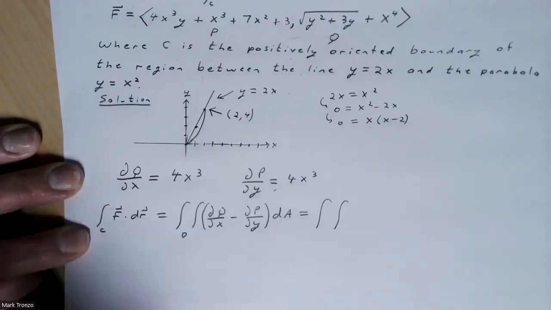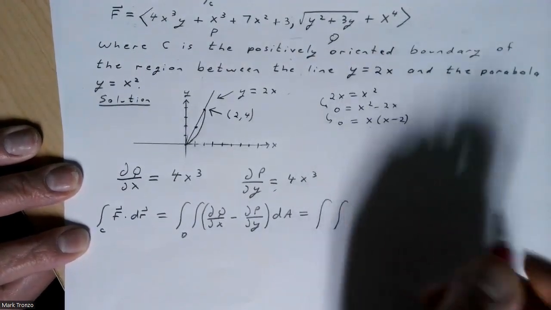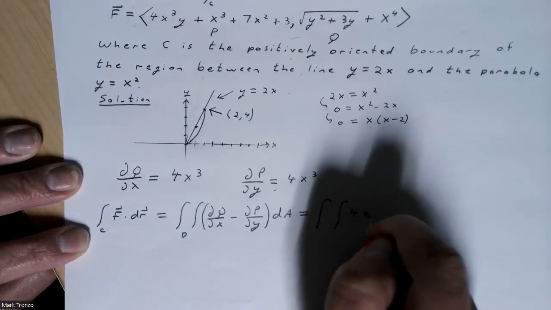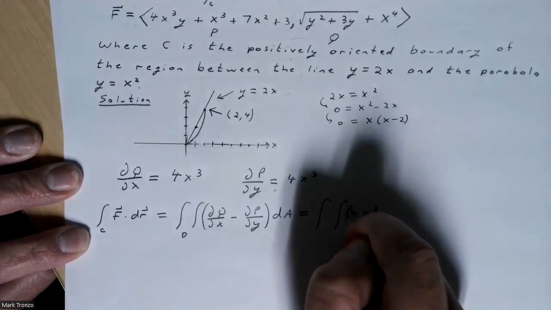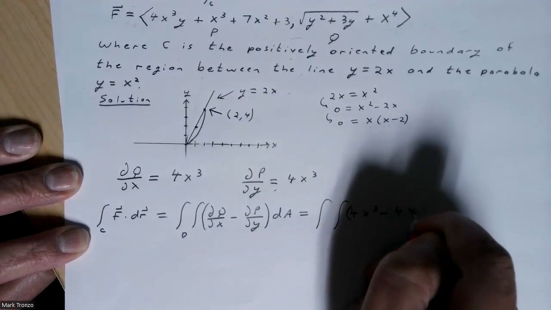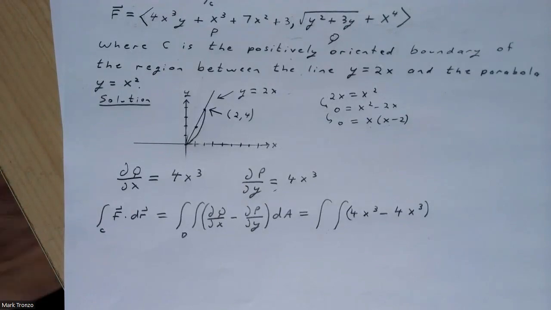And I'm going to set up the bounds even though it's going to turn out we're not going to need them. So dQ dx is 4x cubed minus 4x cubed.